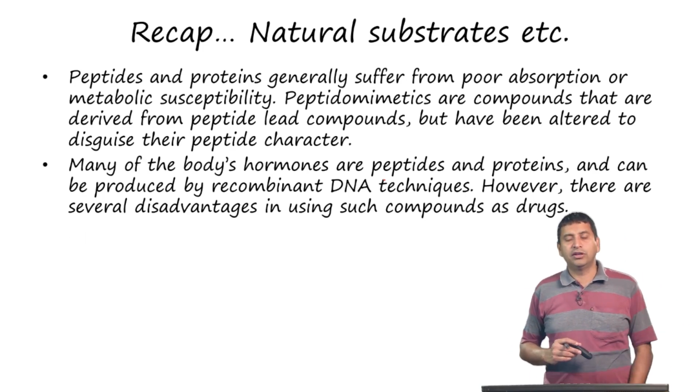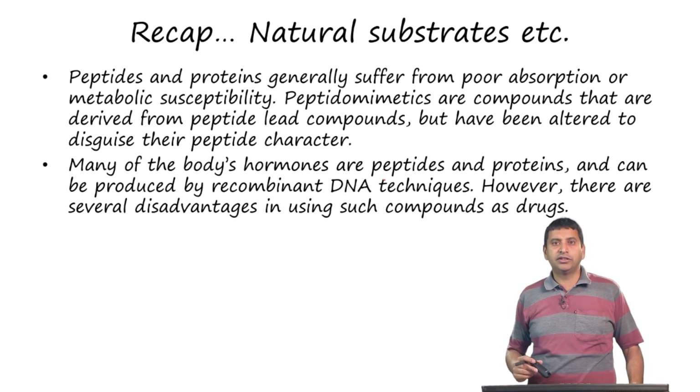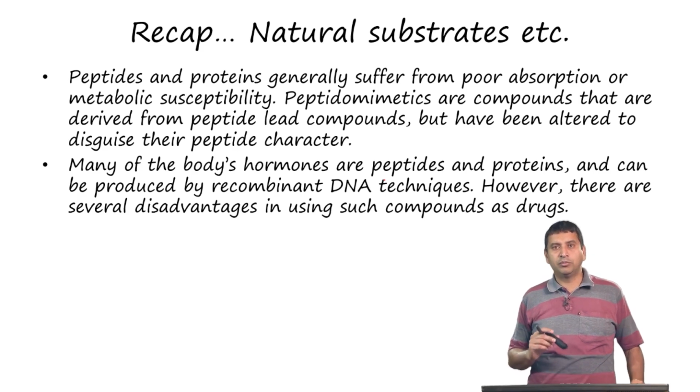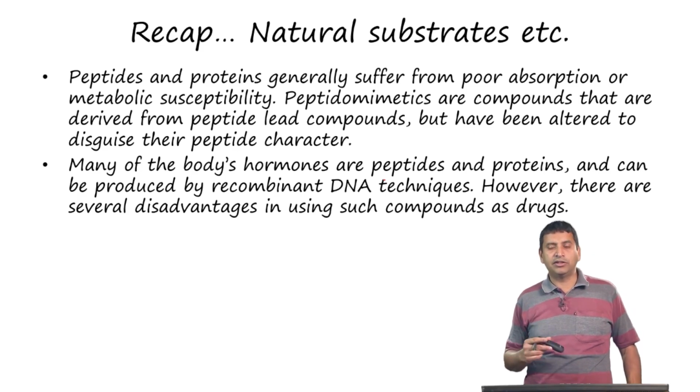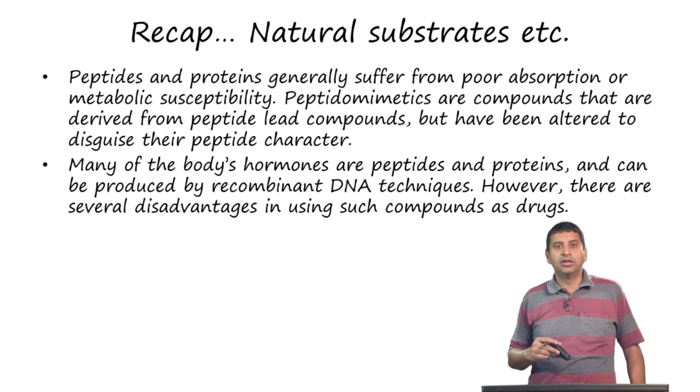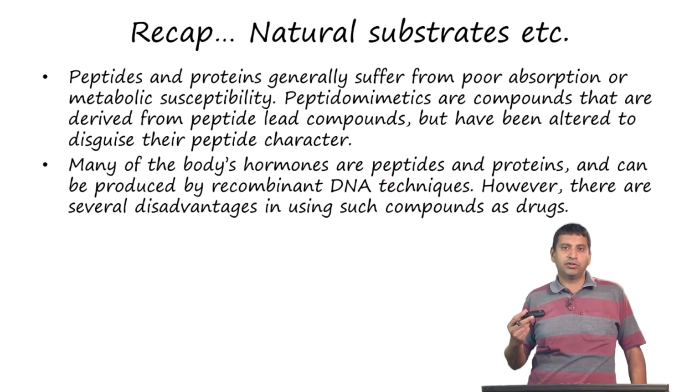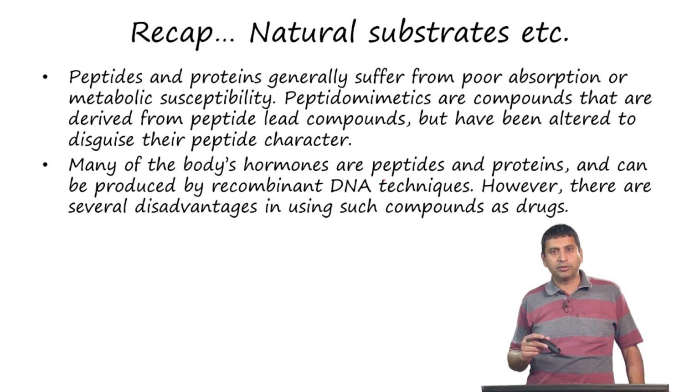Peptides and proteins are also important drug candidates, but they are associated with poor absorption and extreme susceptibility to metabolism. So, we described this concept of peptidomimetics, which are derived from peptide lead compounds. They look like peptides, but they are not actually the natural peptides that we work with.